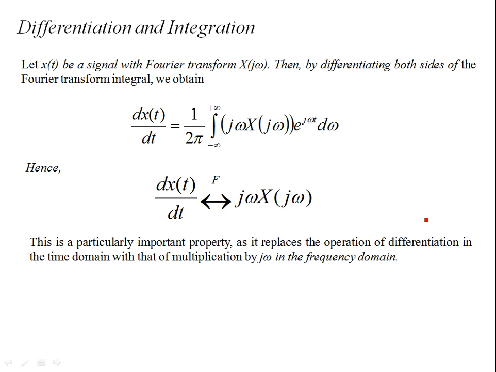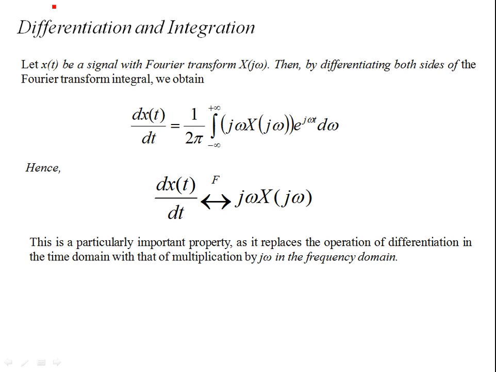The positive values of omega are sufficient to display the frequency content, because that's what you are going to have on the negative side of the frequency axis. So for an even signal, the Fourier transform is both real and even. If the signal is odd, then the Fourier transform is purely imaginary and odd. So these are the things that we discussed.